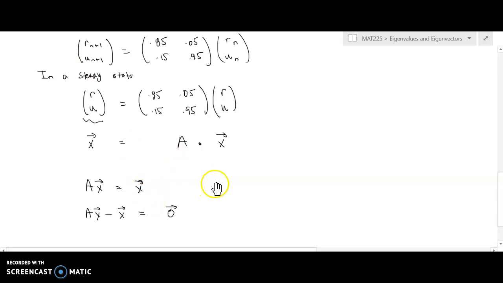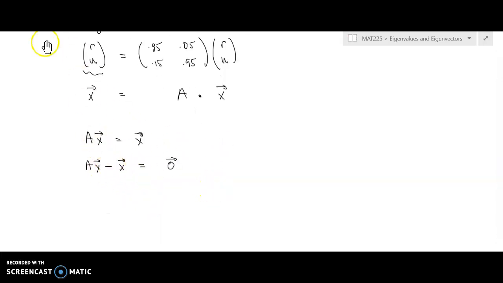And now we want to solve for x. But before I factor this x out, I can't just factor it out and say this is equal to A minus 1 times x, because the number 1 is a scalar, but the matrix A is a 2 by 2 matrix, so that's not quite going to work. So how do I deal with that?